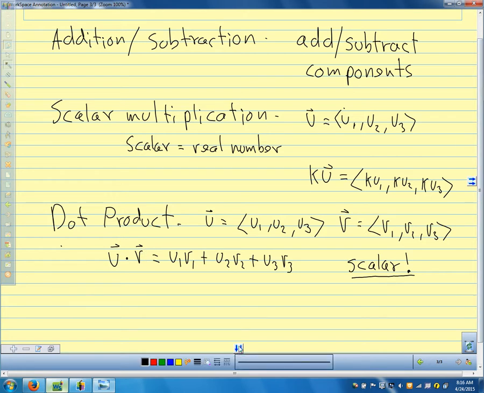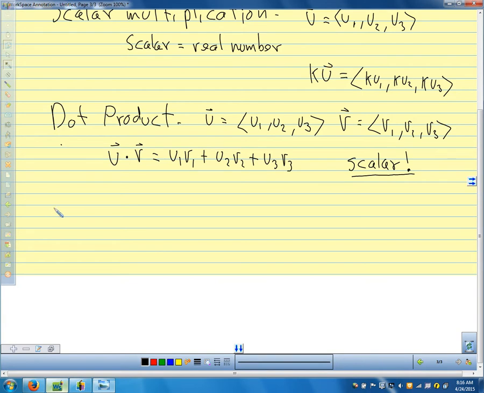But another thing, what we used the dot product for was the angle between vectors. That was one way that we use a dot product. So when we're talking about the angle between vectors, our angle is between 0 and pi, so between 0 and 180 degrees.